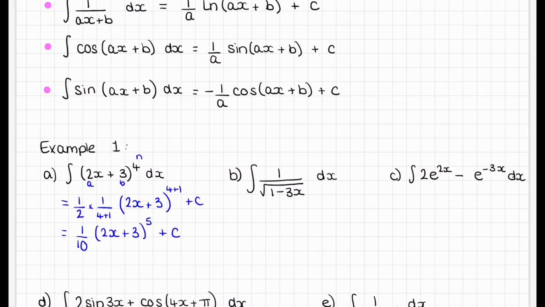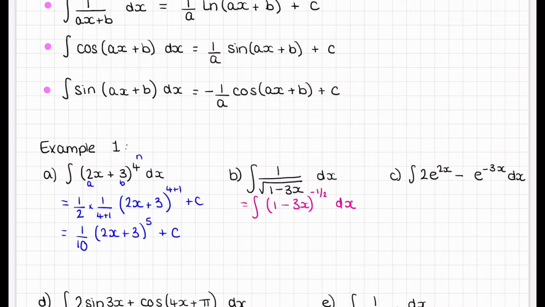B, we've got the integral of 1 over the square root of 1 minus 3x dx. The first thing I'm going to do with this one is rewrite it, which will give us the integral of (1 minus 3x) in bracket to the power of negative a half, because that gets rid of the fraction and the square root.